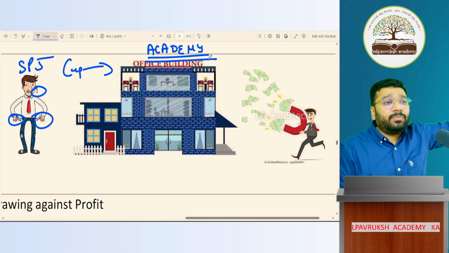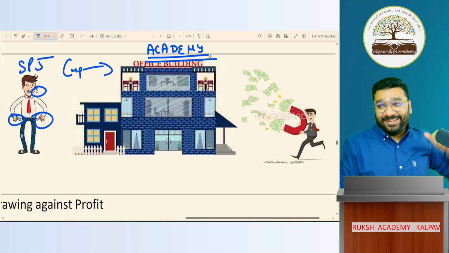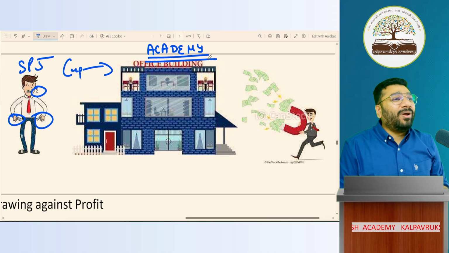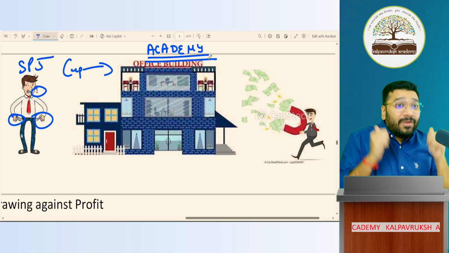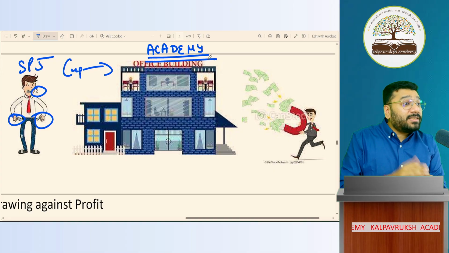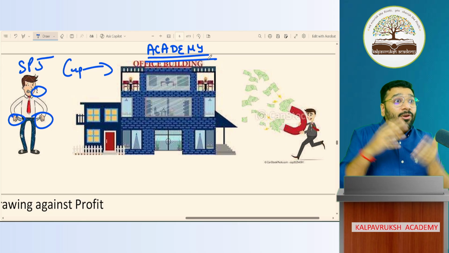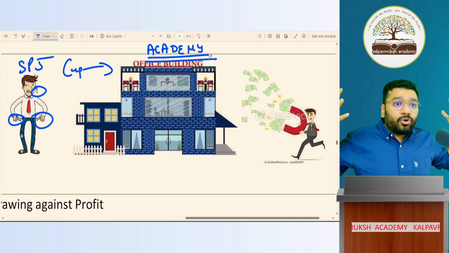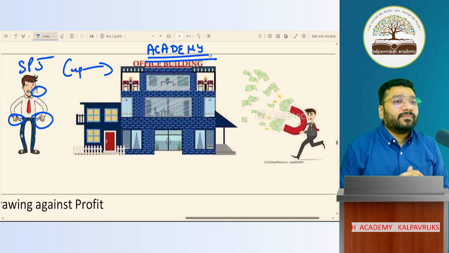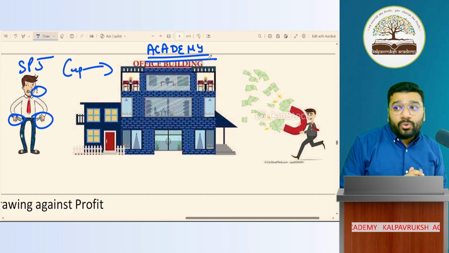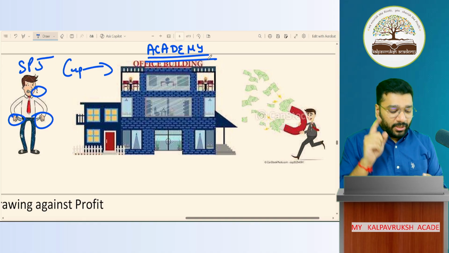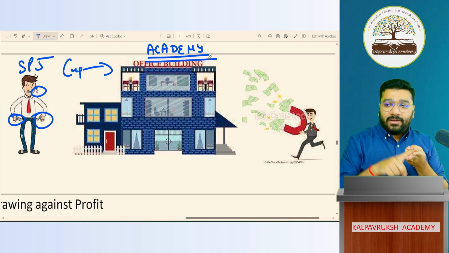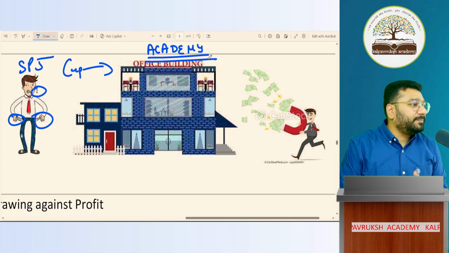If you take away the entire profit, how will the business develop, boss? Because in business, the more money you have, the more the business will develop. More money, more business, more growth, more profit. So it's a thumb rule. Whether you are a Guju, Marwadi or Chettiar, they really follow this principle.